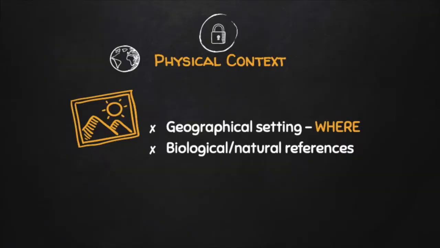Now, geographical settings might be important because the kind of terrain or weather they represent, how that impacts the text, or because of their political or religious implications, or for any number of other reasons. Often, you will have noted these in the where section of your observations, and you can follow these up with a little bit of research.